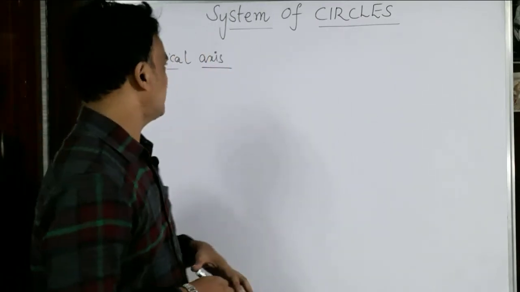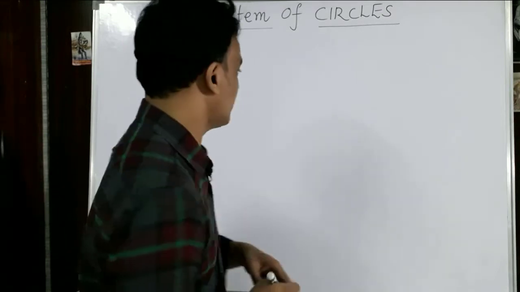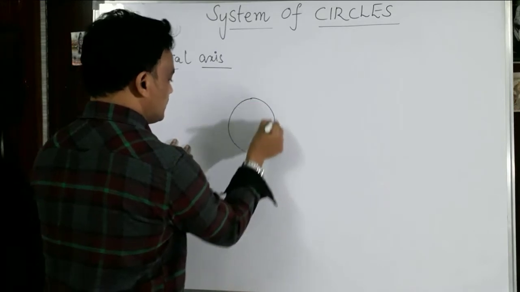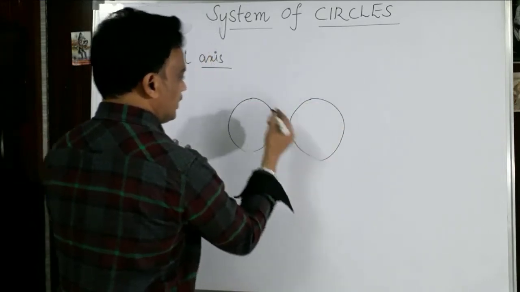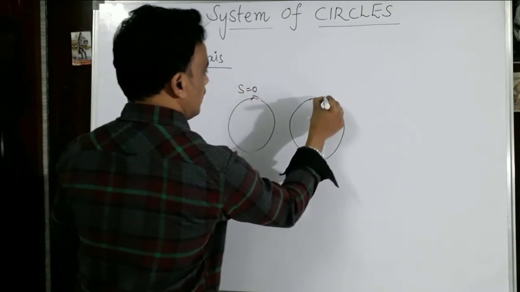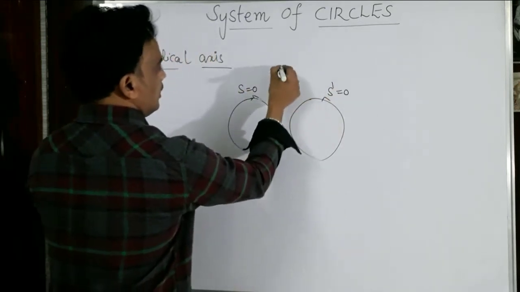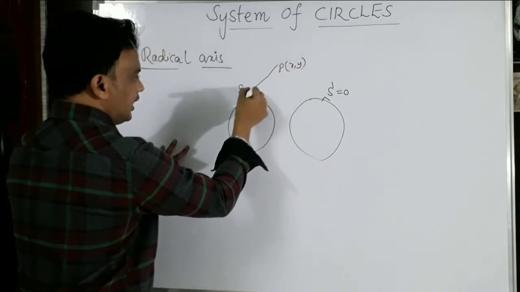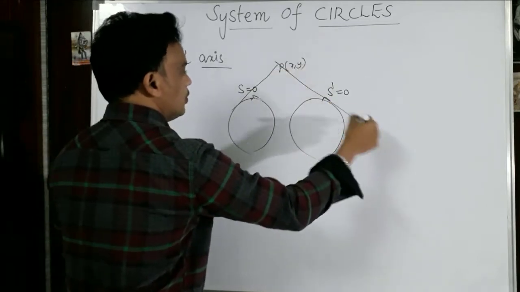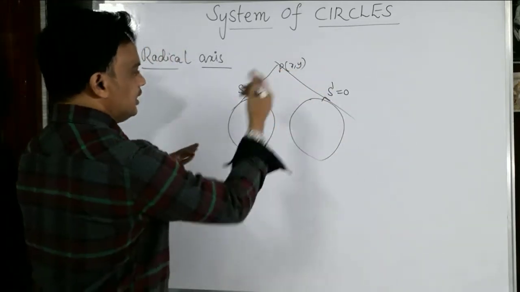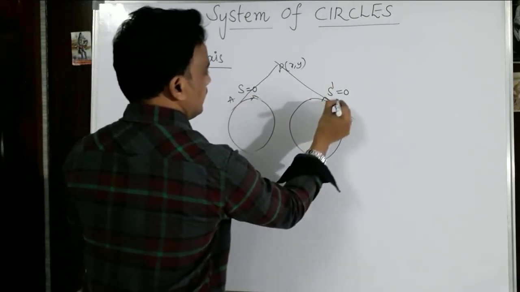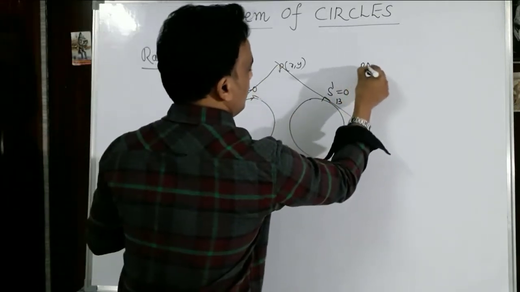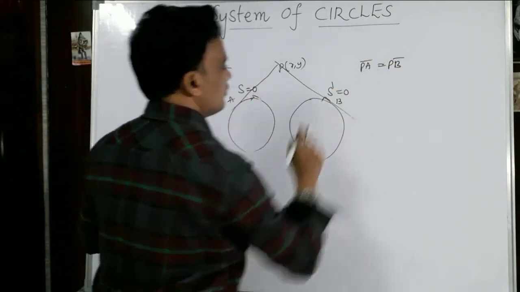Let us continue our topic, which is about the radical axis. We already discussed the radical axis. For the given two circles S = 0 and S' = 0, the locus of the point whose length of the tangent to the two circles is equal, that is, the length of the tangent drawn from P to the first circle and to the second circle, PA = PB.